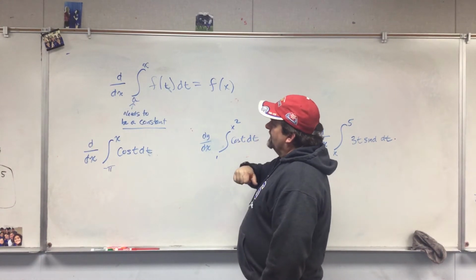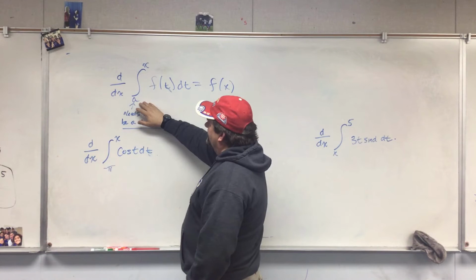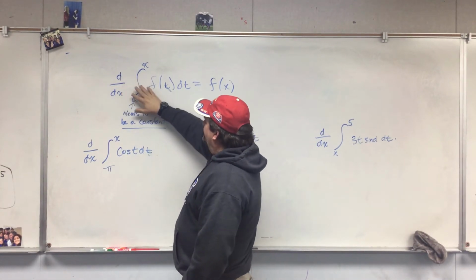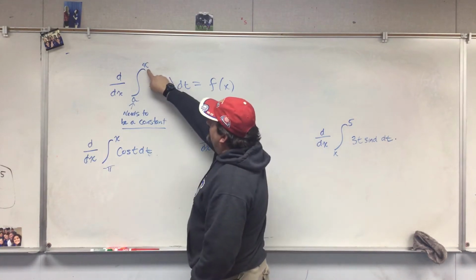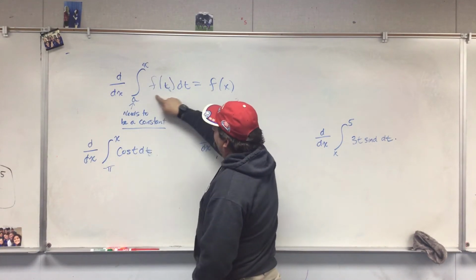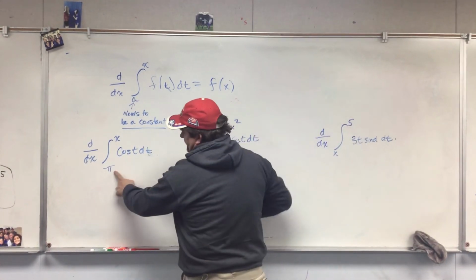It's this theorem that says as long as this is a constant, the derivative of this integral is f of x, with x being whatever is up here in the function itself. Like if you take something like this, it's a constant because it's pi.